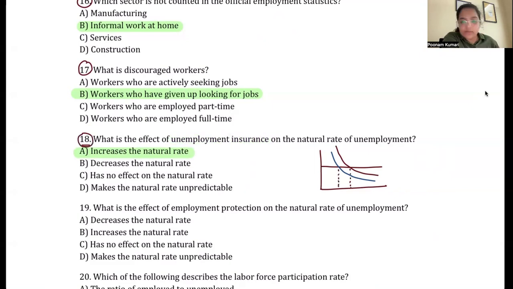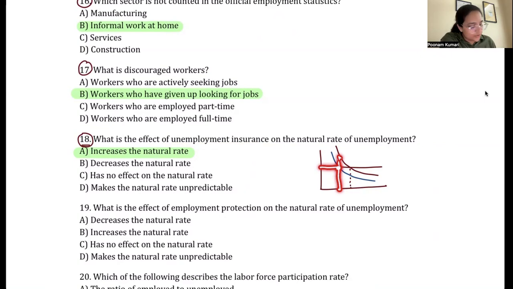I didn't understand these things. So basically, because of the increase in unemployment insurance, whatever was the unemployment rate, people were earlier ready to accept this wage. But now they know that if they don't work, they will be given some amount of money. So they will want higher wages at the same unemployment rate.